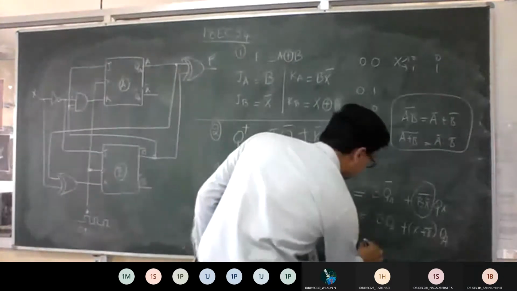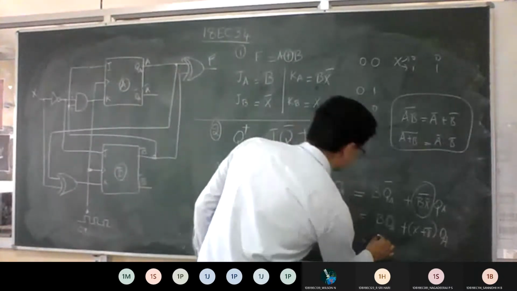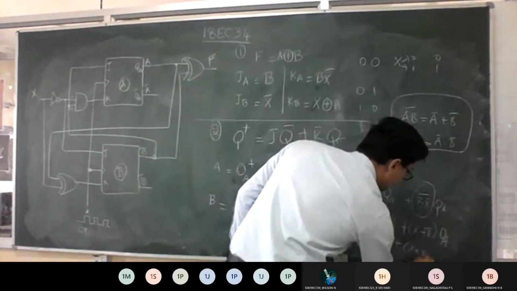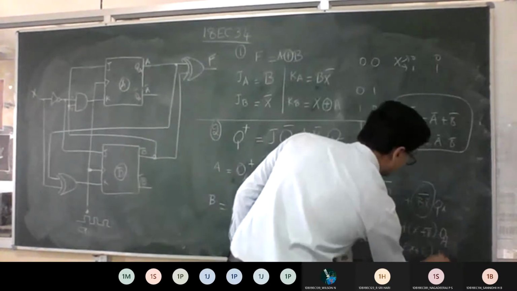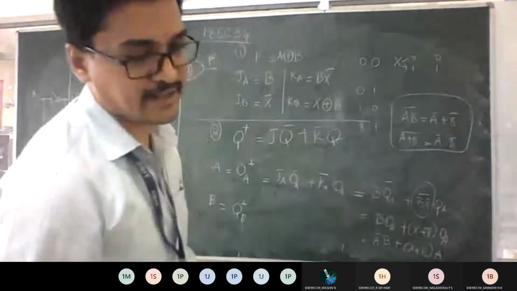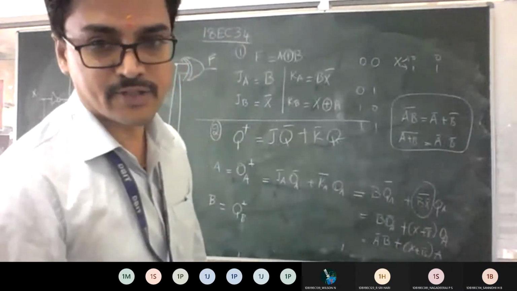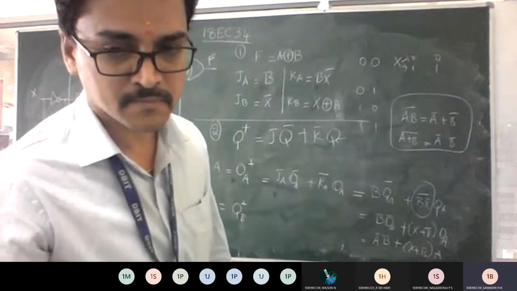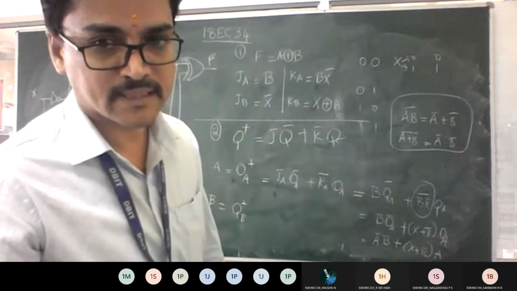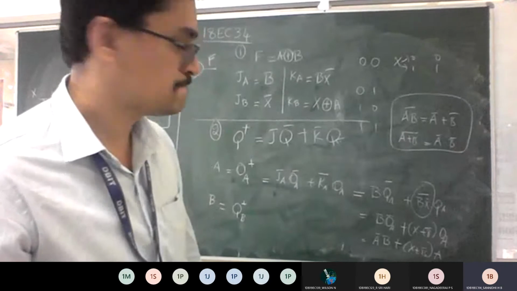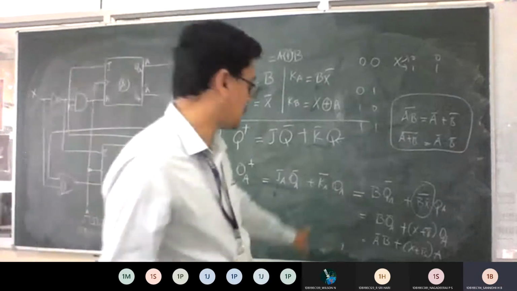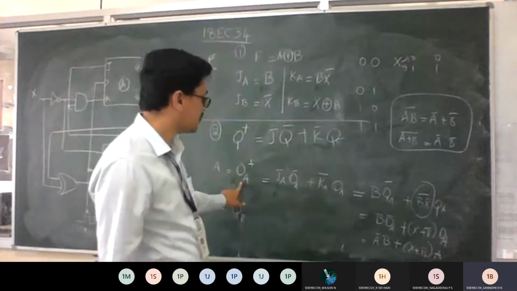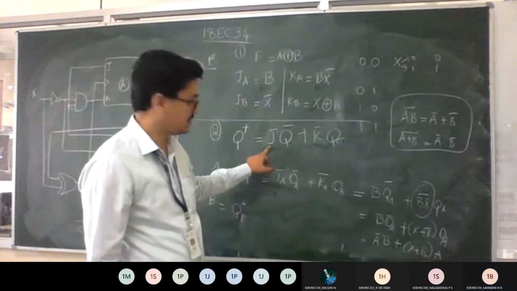So that tells you it is A bar B plus X plus B bar into A. That is the expression for your QA plus. Any doubts, anyone, till here? Is it fine here? We wrote this QA plus from this characteristic equation.